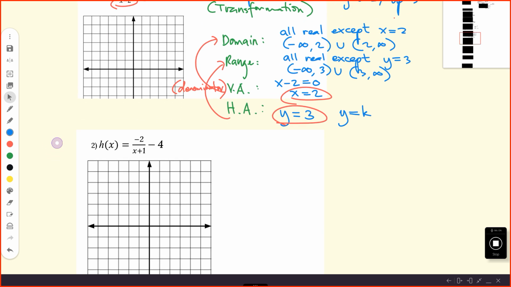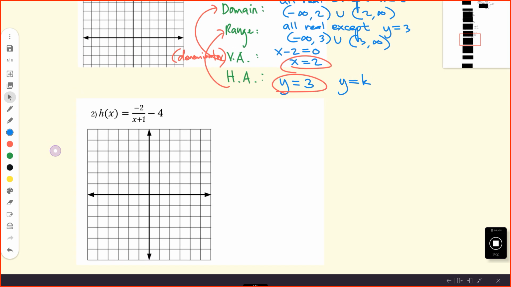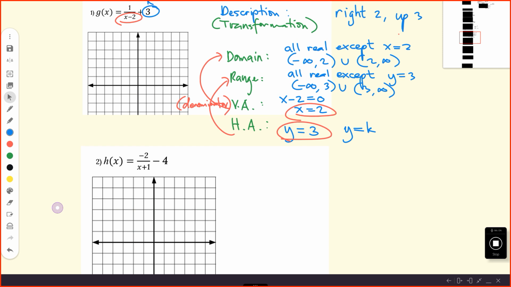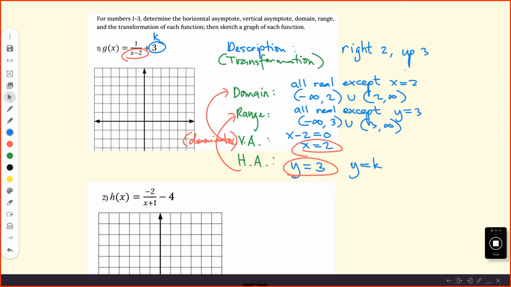Okay, now let's do number 2 together. Do you gotta graph it? Oh yeah, I forgot. We're going to graph this, and we're just going to estimate the graph. So what we need is just the asymptotes, right? So we know the asymptotes are x equals 2, y equals 3. So 2 is right here.